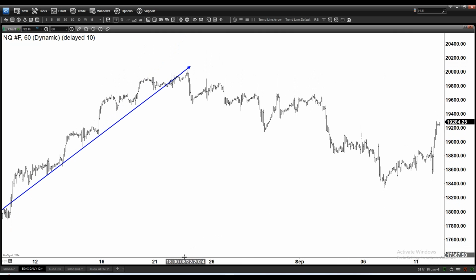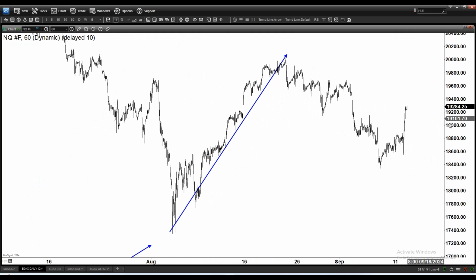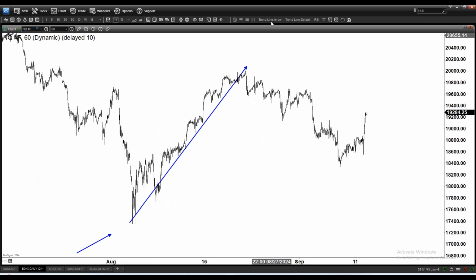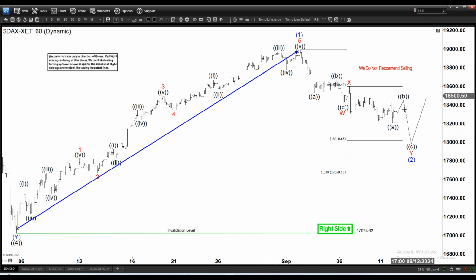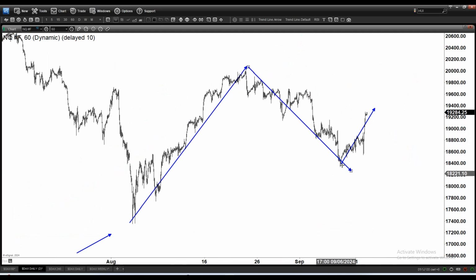You can see today's rally in the NASDAQ is significant enough that you can say the cycle is over. Now the DAX is not significant enough, but if the rally goes like this, then it could be finished. Technically speaking though, even though NASDAQ and ES already reacted higher, they still need to break above that peak.